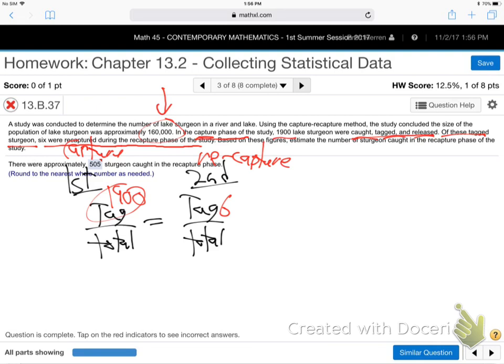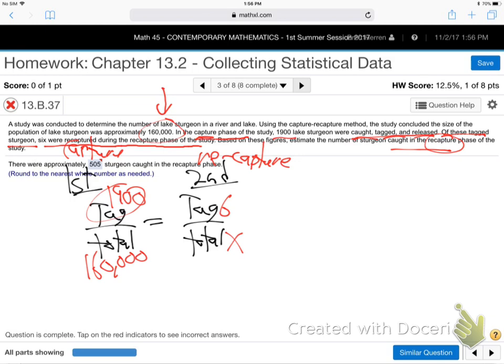Well, let me see. What are they asking for? Based on these, estimate the number of sturgeon caught in the recapture. The number caught in the recapture. That's X here, isn't it? Everybody see? They're asking for the total number in the recapture, aren't they? So then that 160,000 must be the total number in the lake originally.